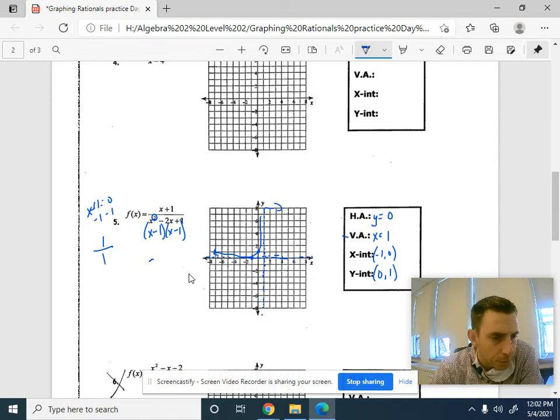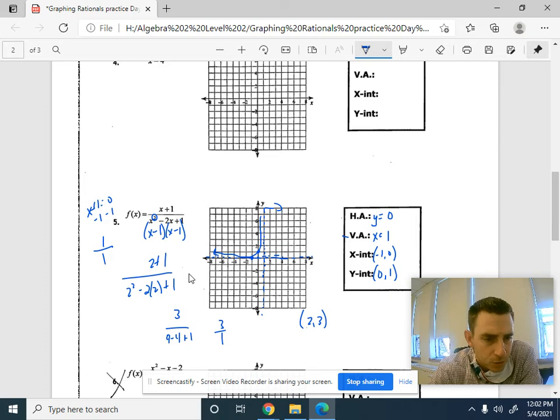So I'll pick 2. If I plug 2 in for x, 2 plus 1, 3. 4 minus 4, plus 1. So I should get 3 over 1. So I plugged in 2, and I got 3. So 2, 3, which tells me I have another curve that's up top here.